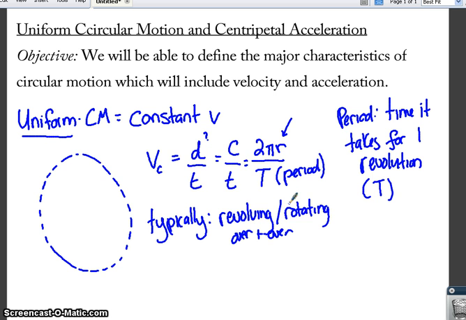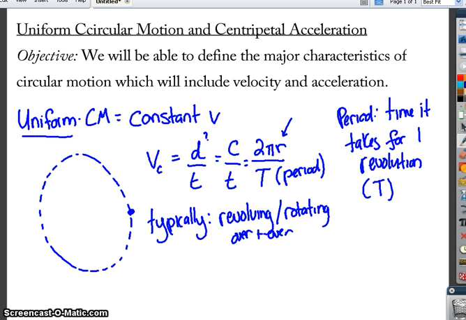If we look over here, this is the distance of a circle, and T is the time it takes to go from the starting point and all the way back around to finish at the starting point again. So the velocity of a circle is 2 pi r over capital T, which is the time, the period, for one revolution.